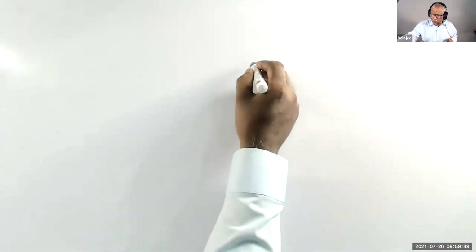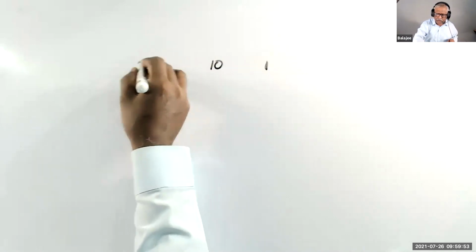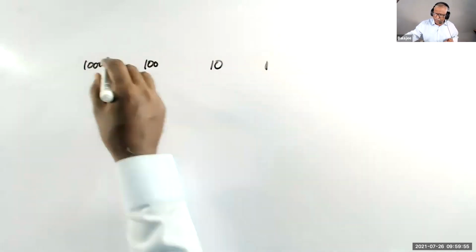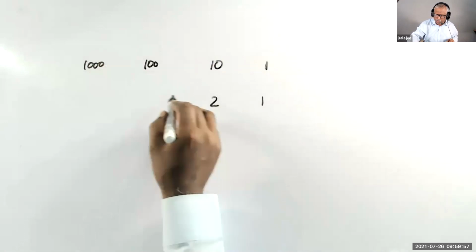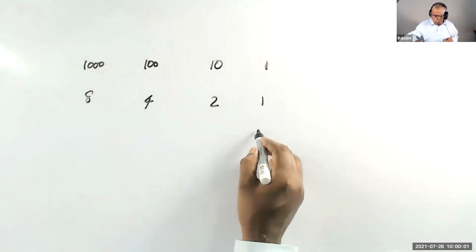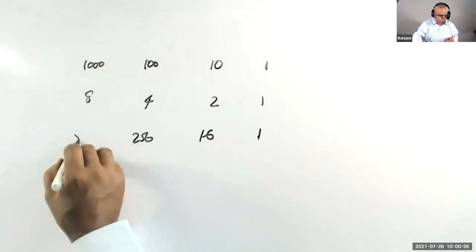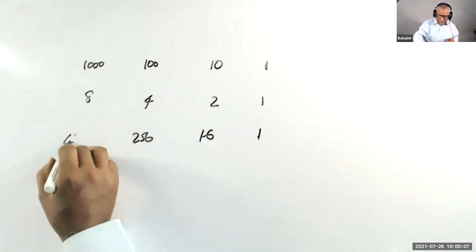In decimal, 1, 10, 100, 1000. In binary, 1, 2, 4, 8. In hexadecimal, 1, 16, 256, 4096.